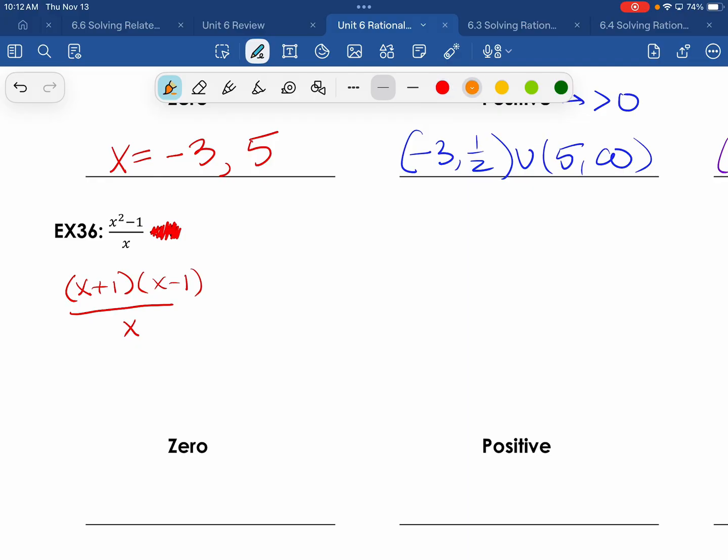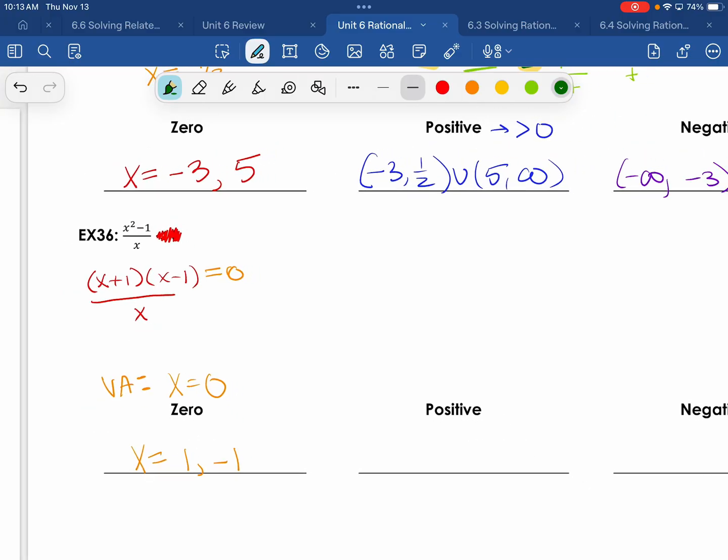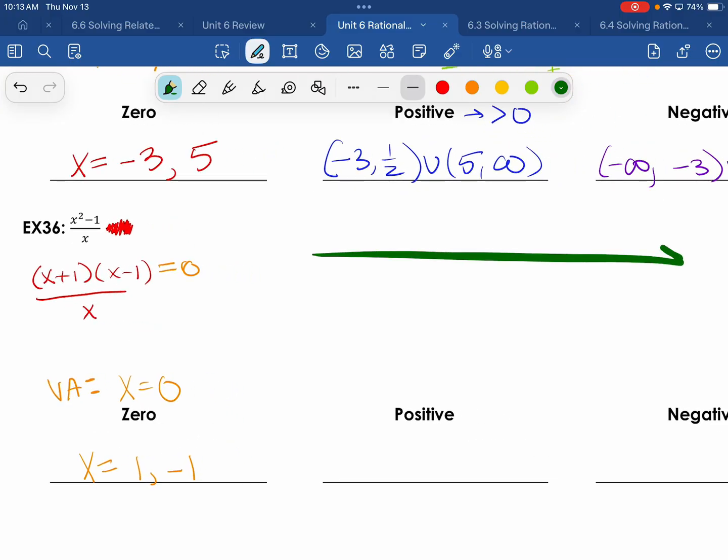The zeros come from the top, so the zeros are x equals positive 1 and negative 1. Where would I have a vertical asymptote? At 0, which I still need to write down because it's a critical number on my number line, but it is an asymptote, not technically a 0. So on my number line, I'm going to put -1, 0, and 1.